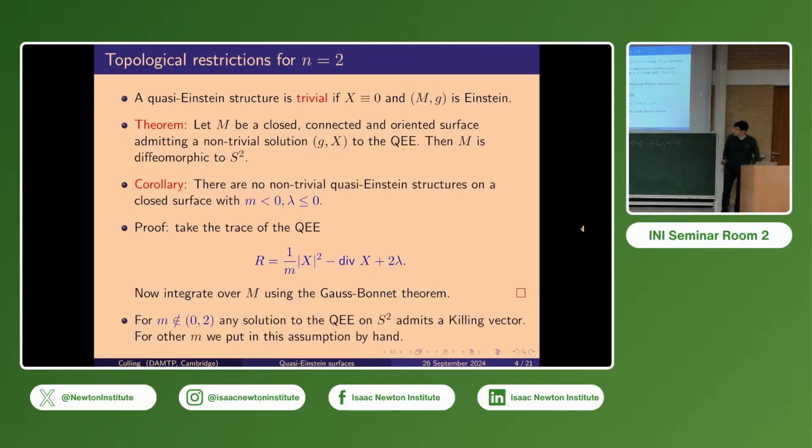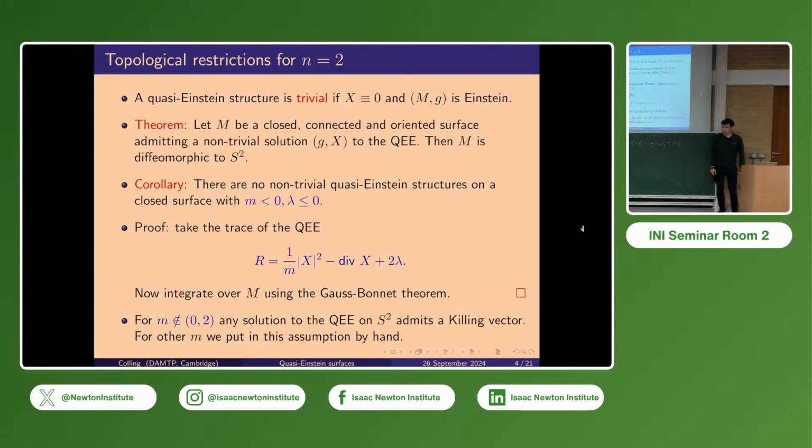And moreover, when m is outside the open interval (0, 2), there is in fact a much stronger result, which is that any solution to this equation on the two-sphere must have a Killing vector. The proof is a generalization of a proof introduced by Maciek and James Luchetti for m equals 2, where essentially you make an ansatz for the Killing vector using this vector field x, and then you do some integrations by parts to show that this ansatz has to be Killing.